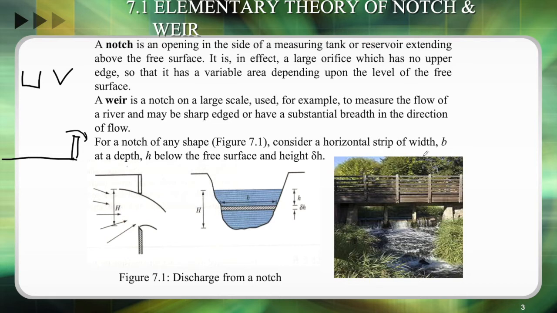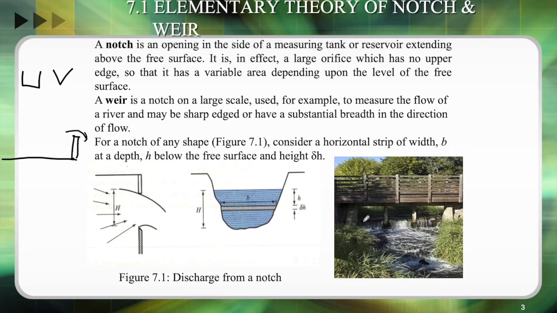Okay, in Bandar Seri Alam, you may find this type of notch or weir in the lake in front of the Seri Alam police station. In that lake, we found that a notch has been used to control the flow rate of water from the lake to the river, so that the authorities can maintain the amount of water in that lake.